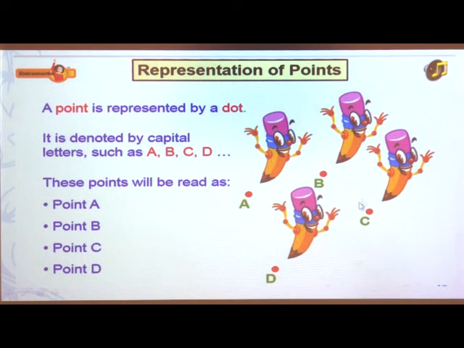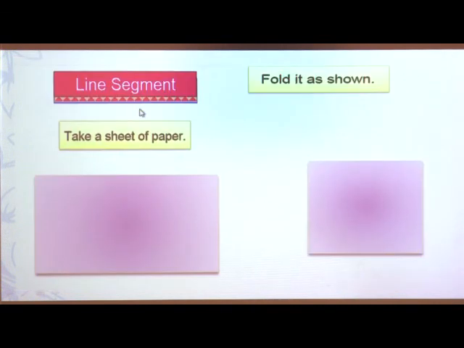So, a point is represented by a dot, and we denote the point by using capital letters. Any capital letter can be used for a point, and it is read as point A, point B, point C and point D.